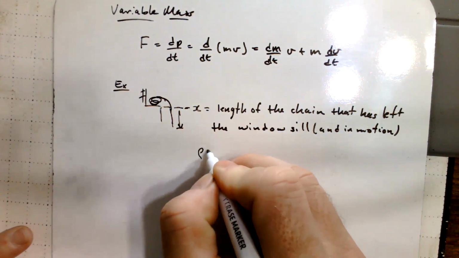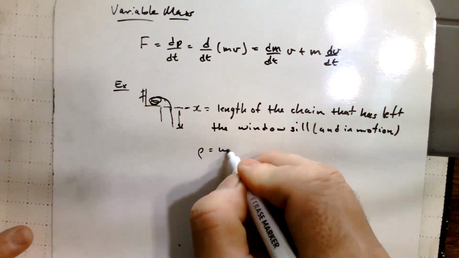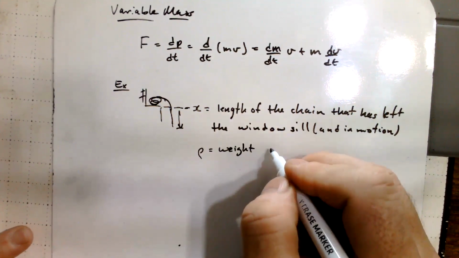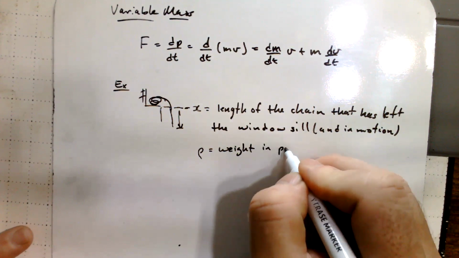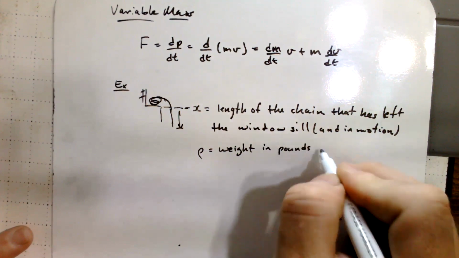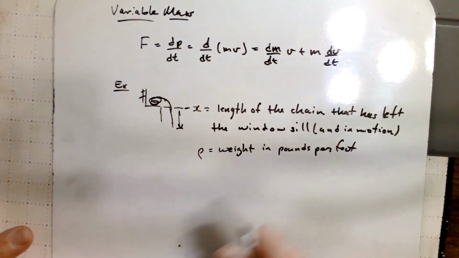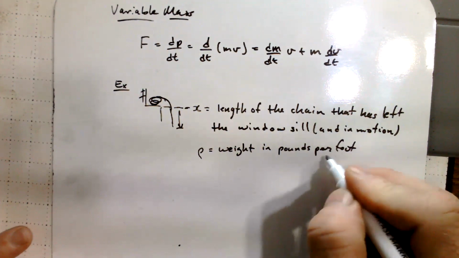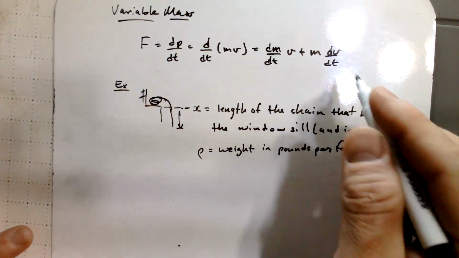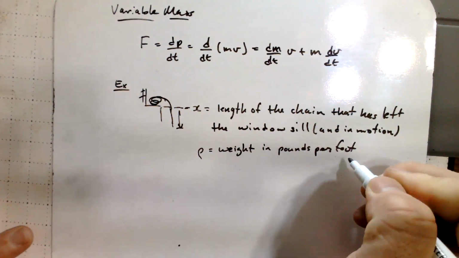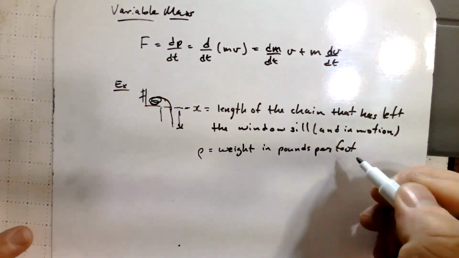We're going to call that a density, and that's going to equal the weight in pounds per foot. So in other words, the more the chain falls, the heavier it is, right? That's the idea that this is a changing mass: as more and more of the chain falls off, there's going to be more and more weight accumulating, which should make sense.